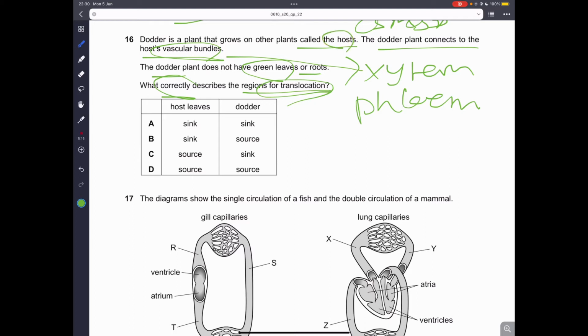Now, it grows on the other plant called the host. So the host is their source of nutrients, and the dodder is where they use them for respiration. The site of respiration or utilization is called the sink, and that is where the dodder plant uses it for itself. So C is the most likely answer.